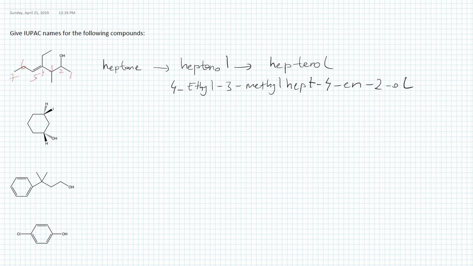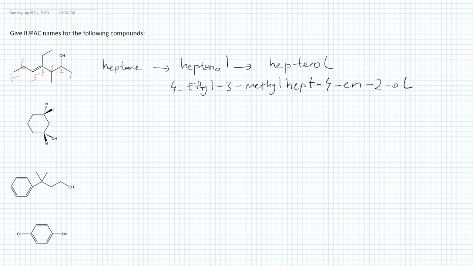But since we have an alkene functionality here, we have to always check whether this is a cis-trans alkene or an E or Z alkene. Let's look at how many substituents around the double bond we have. We have here an ethyl, a bigger substituent on the other side, and here another ethyl and a hydrogen.